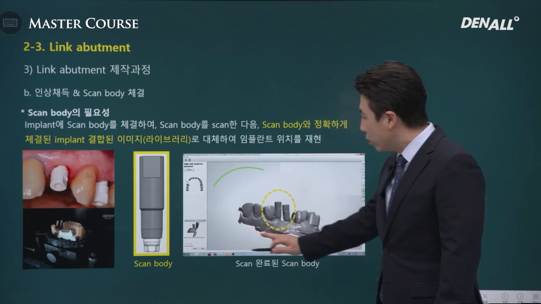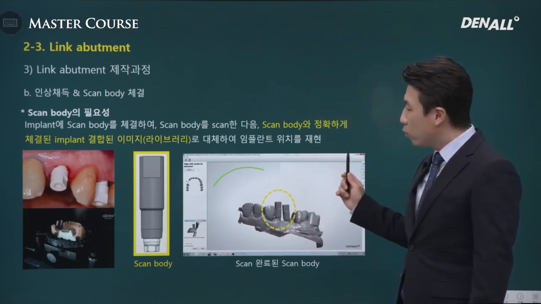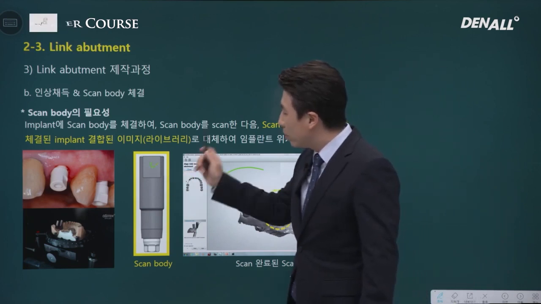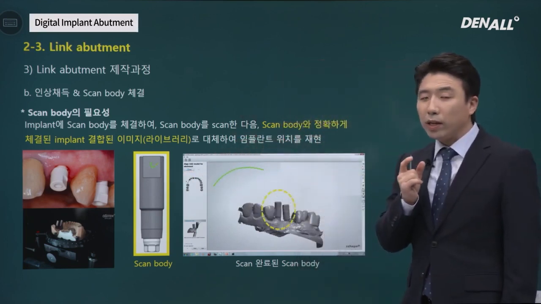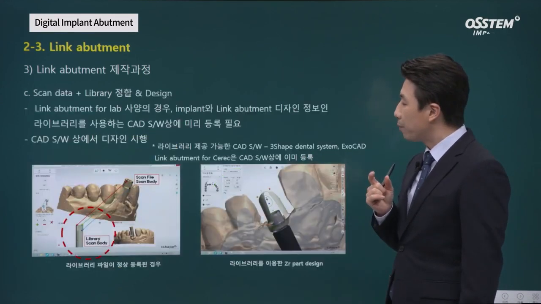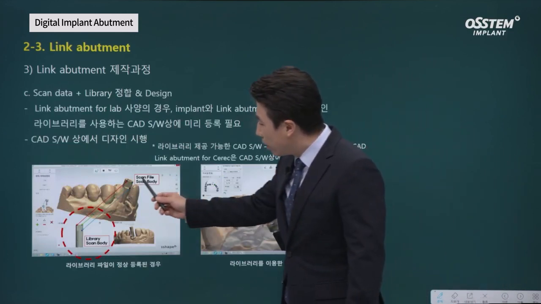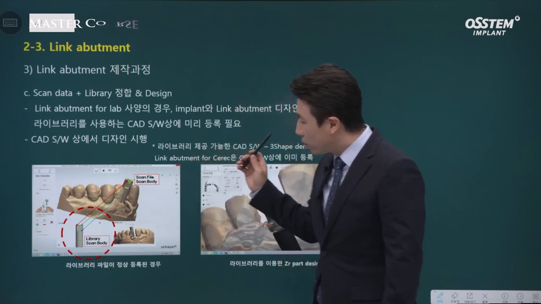From the CAD software, we pull the scan data. Using the flat surfaces as a basis, library data is pulled, and once merging is done, we can pull the library here and we align the scan data.